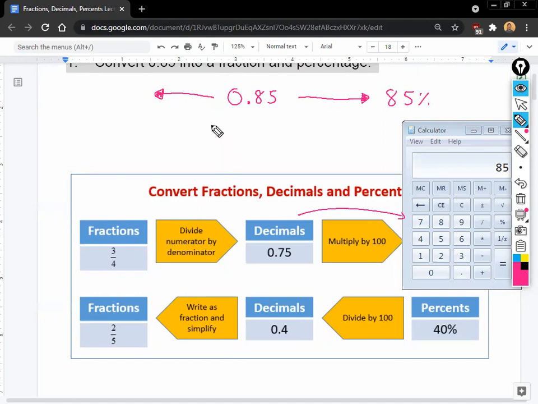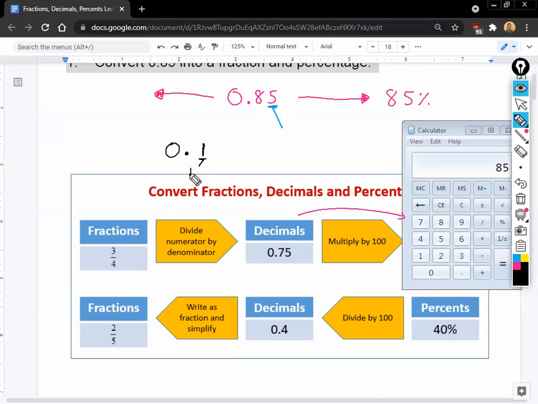Okay, next we're going to go from a decimal into a fraction. This one is a little bit trickier, but what you want to do is look at the last number in the decimal and figure out which place it's in. If you don't remember from your math classes, does anyone remember what the first place is called?